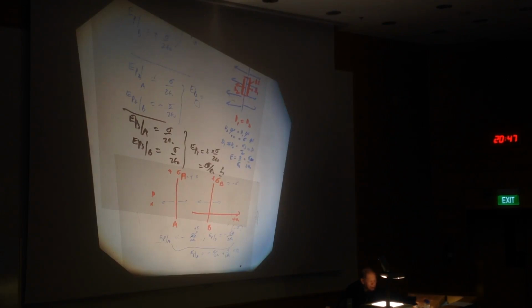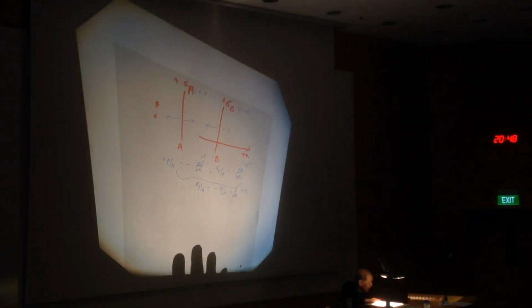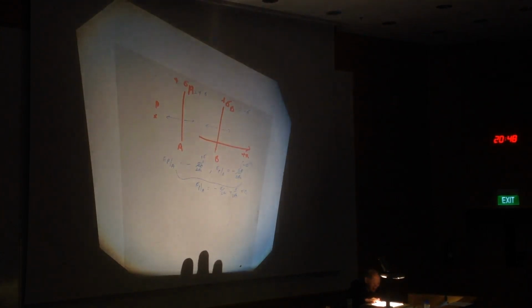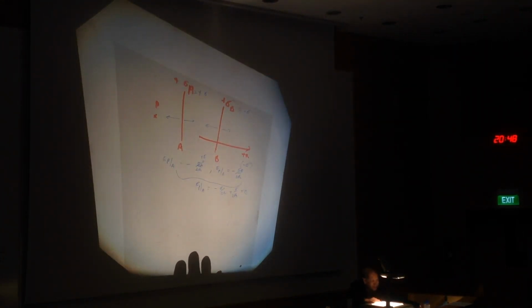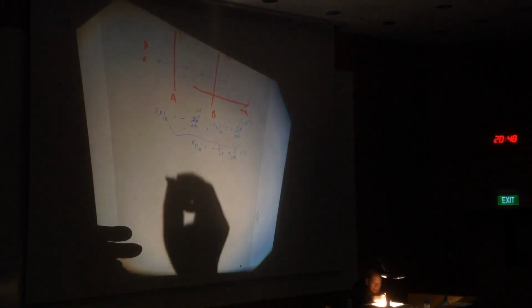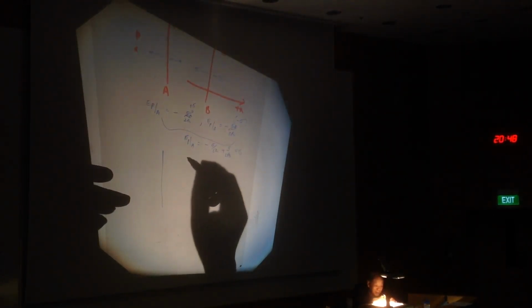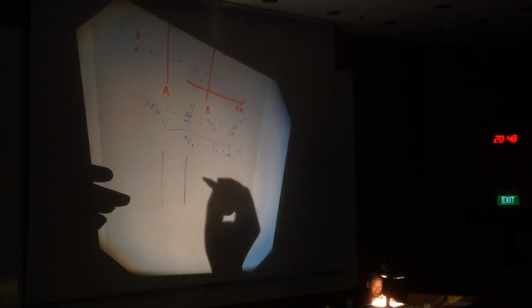Let's do an example. Mr. Spotter is going to say it's an exam question. Of course, it would not be like this, it would be this way. I'm just drawing it this way, easier for me to save paper.